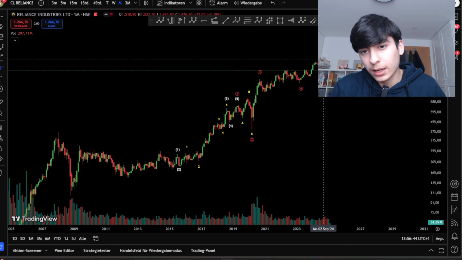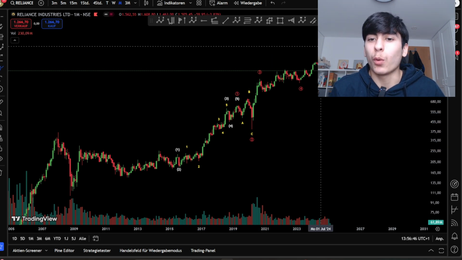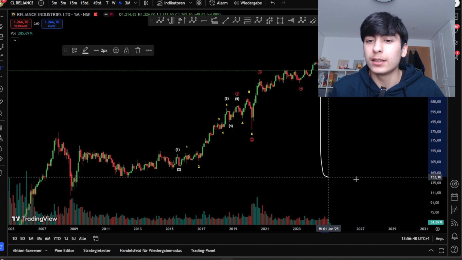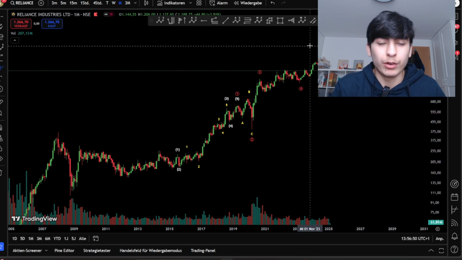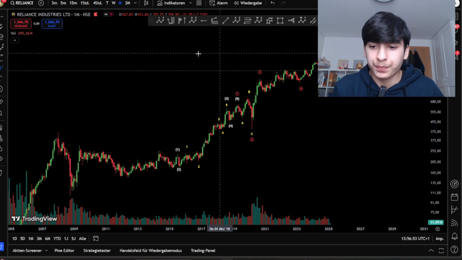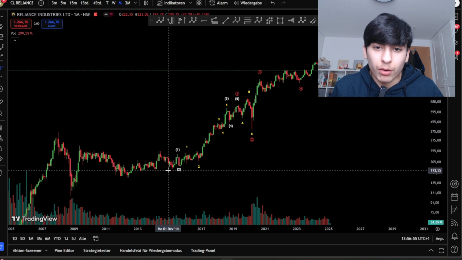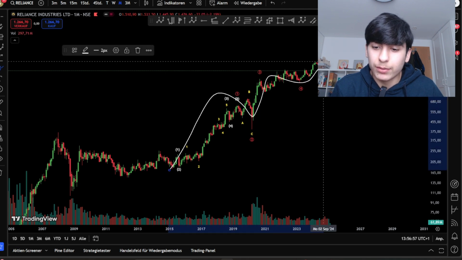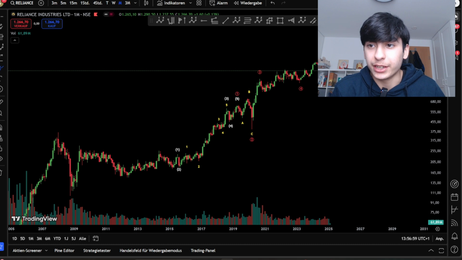So in this count, the top is already in. So we are already beginning here our wave 4, which will take a long time. So yes, we are looking here at this wave 4, 5, and then finishing this.